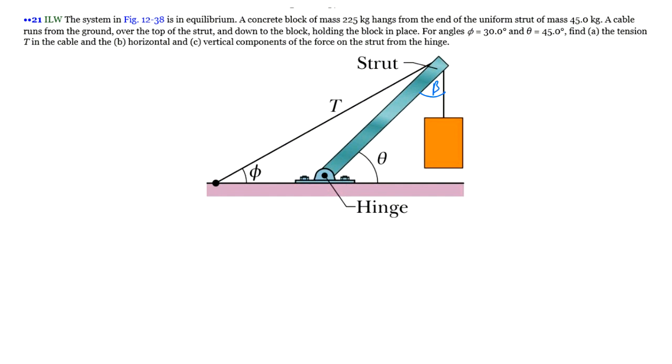Or no, we call this gamma, sorry. Gamma. Okay, and we know that alpha equals 15 degrees. Gamma equals 45 degrees. So all that work is to make summing the torques about the hinge a lot easier.